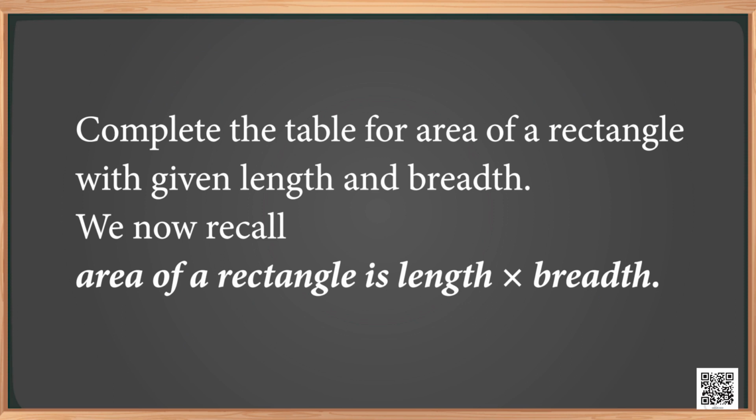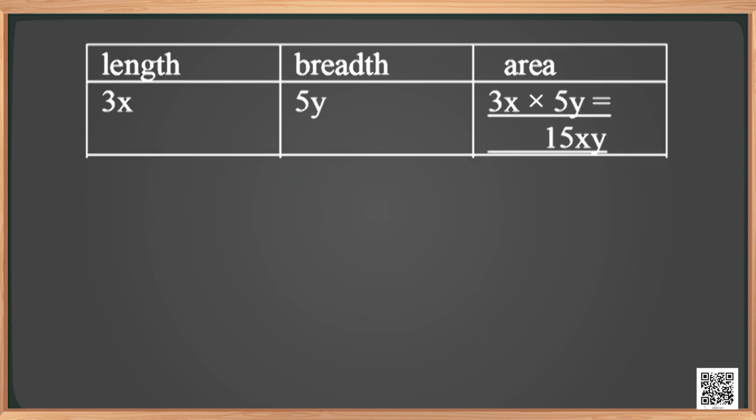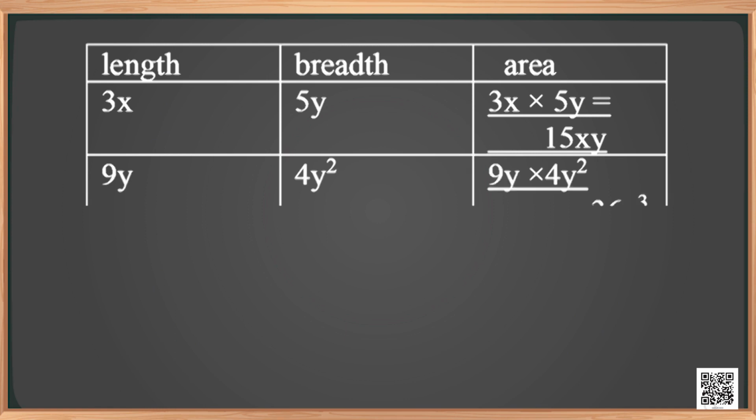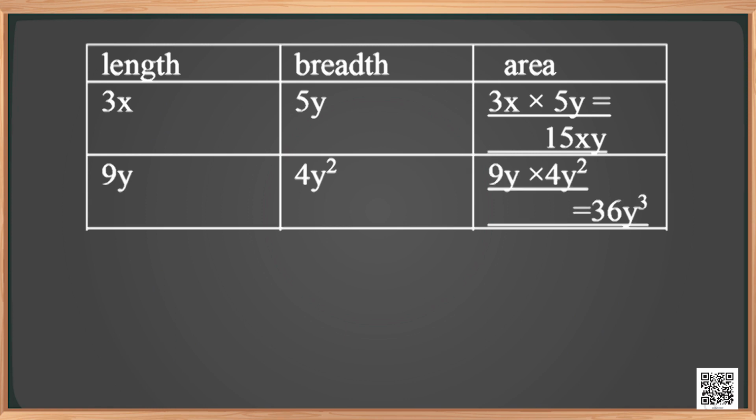In the first case, the area of the rectangle is equal to 3x into 5y, that is equal to 15xy. Whereas in the second case, the area of the rectangle is equal to 9y into 4y square, which is equal to 36y cube.